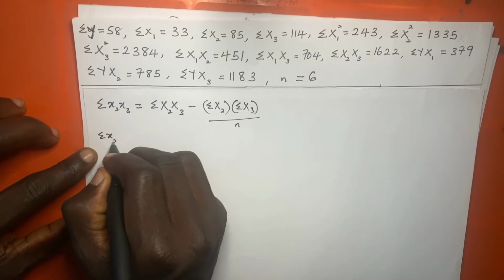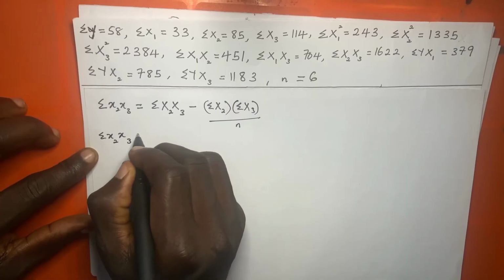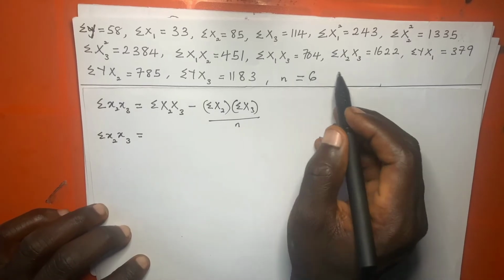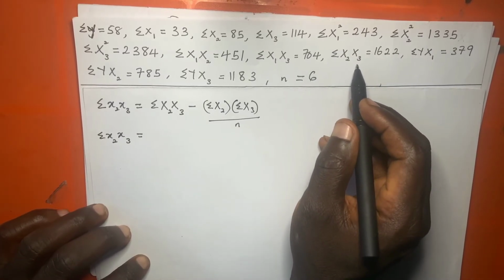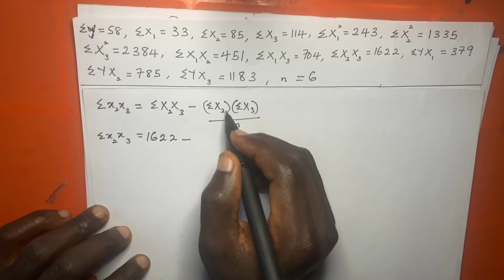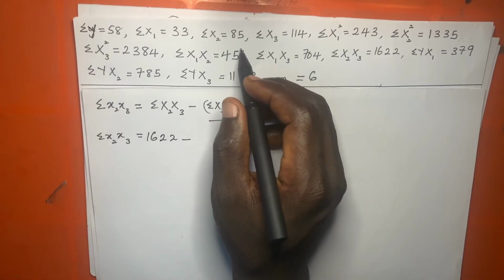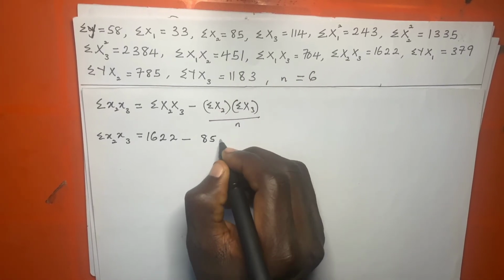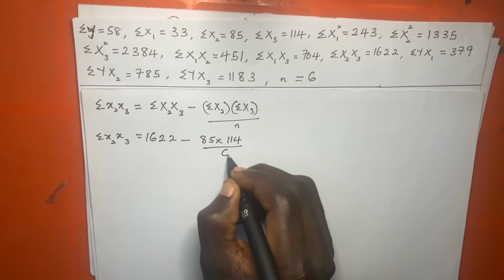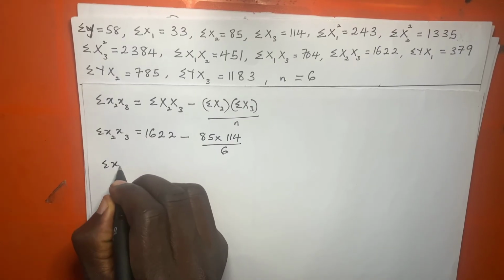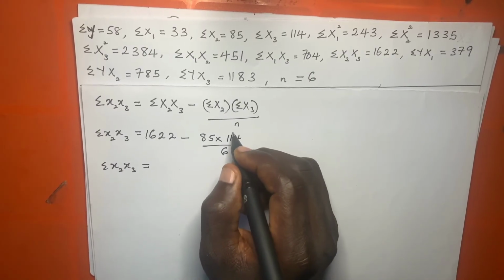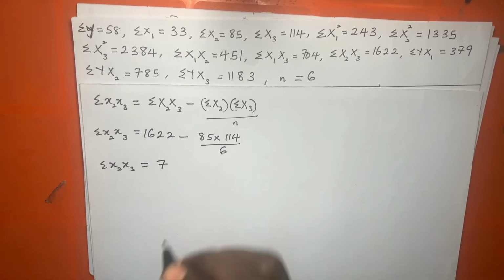Summation x2 x3 is 1622 minus summation x2, which is 85, multiplied by summation x3, 114, divided by 6. If you calculate all of this together, we're going to have 7.